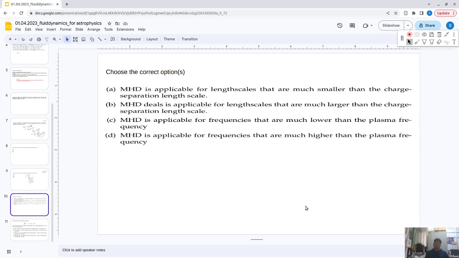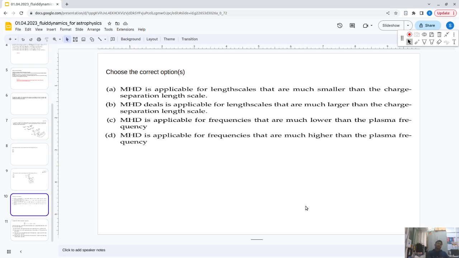The second thing is that you have some plasma frequency. What does plasma frequency mean? If you create some charge imbalance within the plasma, by displacing a charged particle from its initial position, that will create an electric field, right?